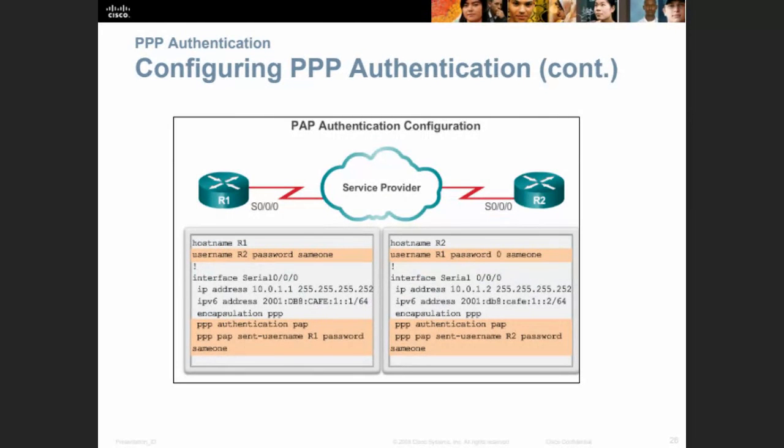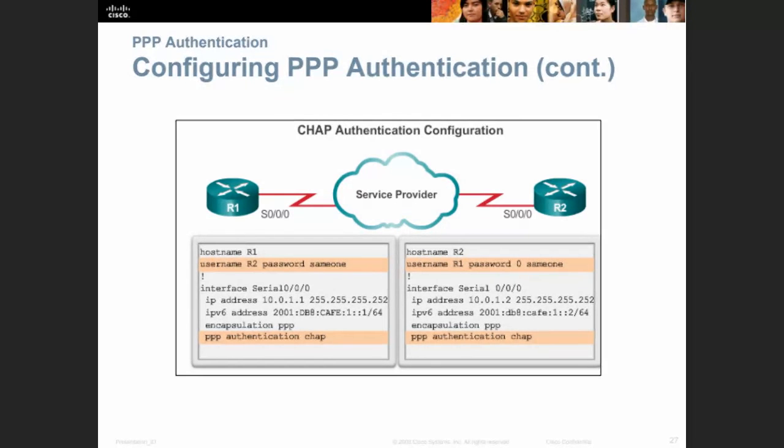This is the configuration on each router. So you see here, you are on router 1. You are giving the command encapsulation PPP, PPP authentication PAP, and then you put the username and passwords. Same thing on router 2.